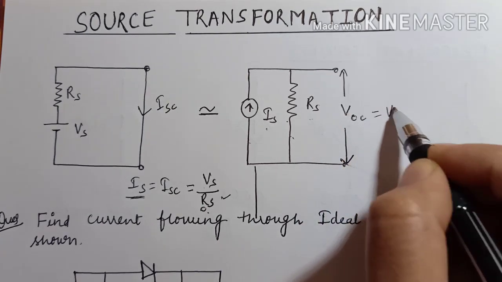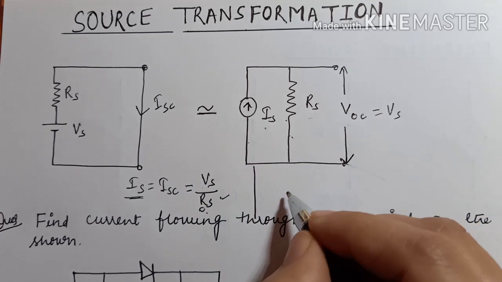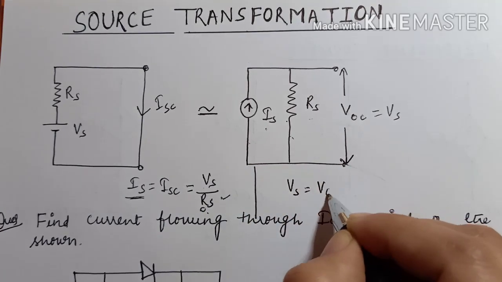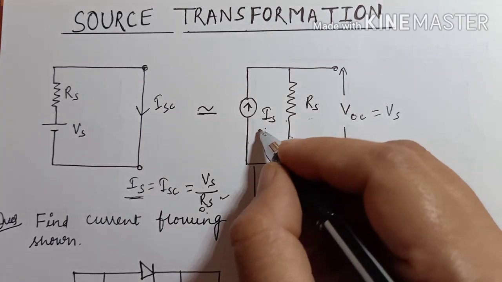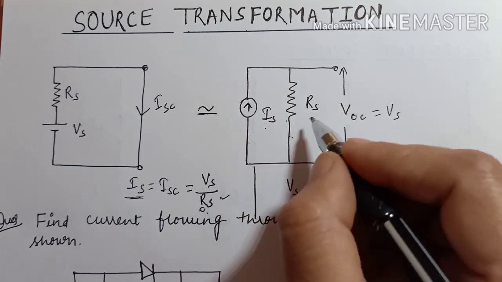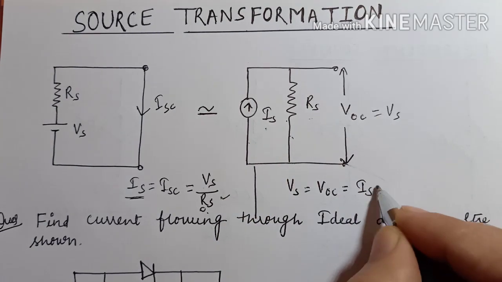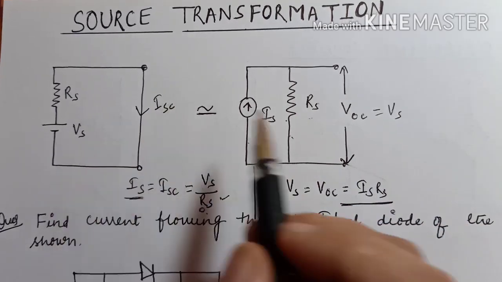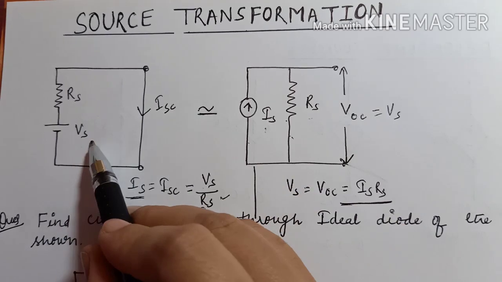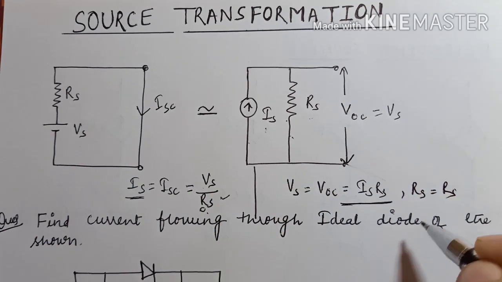You can write Vs also, the voltage across this current source. So Vs or VOC equals what? V equal to I into R. Is is the current delivered by this source, and the internal resistance of this source is Rs. So Is into Rs will be the magnitude of this voltage source if you are converting from a current source to a voltage source, and the internal resistance value will be the same, Rs equal to Rs.